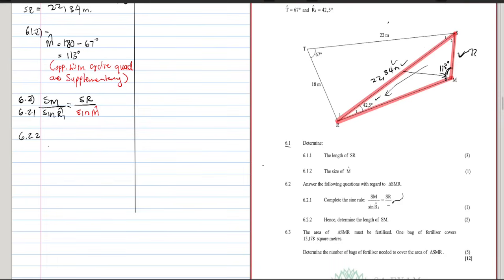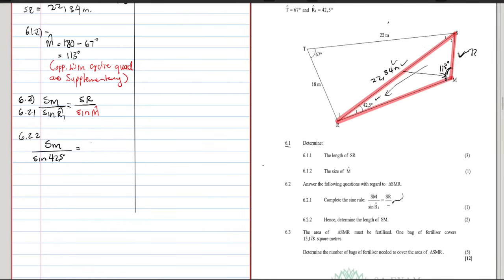So SM divided by sine R1, sine R1, that's 42,5 degrees, is equal to SR.